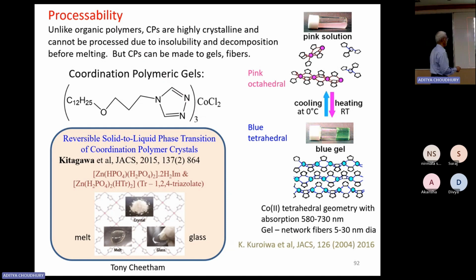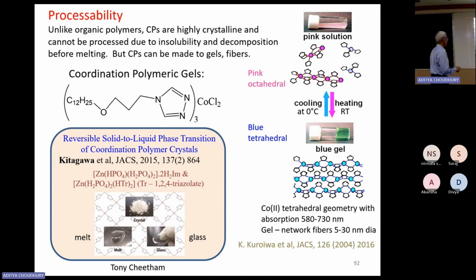A lot of people are still working on that. If you try to do some research on processability, then you can make it into thin films for various applications. This is one of the reasons why people started working on non-crystalline forms. Just like organic polymers, you can make a gel.